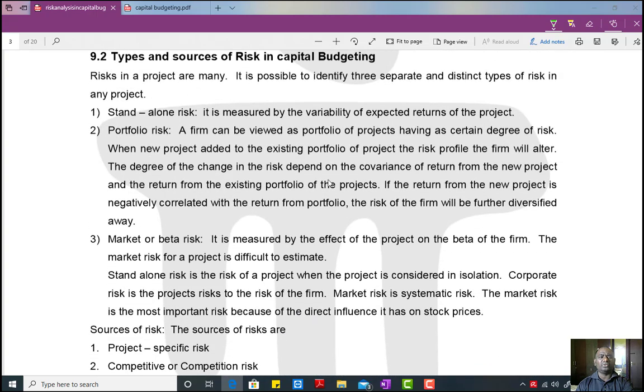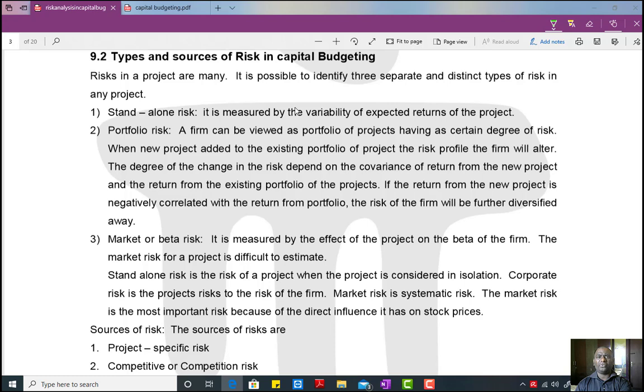There are three types of risk: standalone risk, portfolio risk, and market risk. What is standalone risk? If you are estimating the cash flow wrongly, it is called standalone risk. What is portfolio risk?